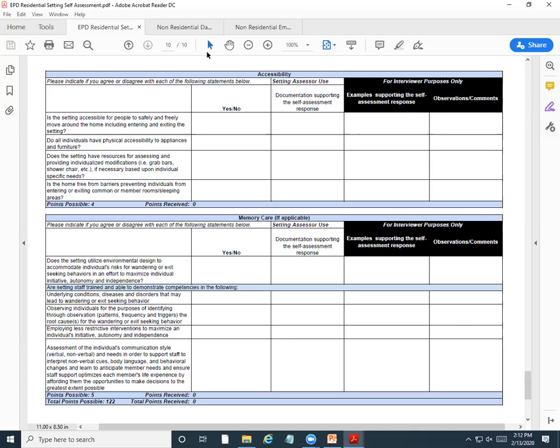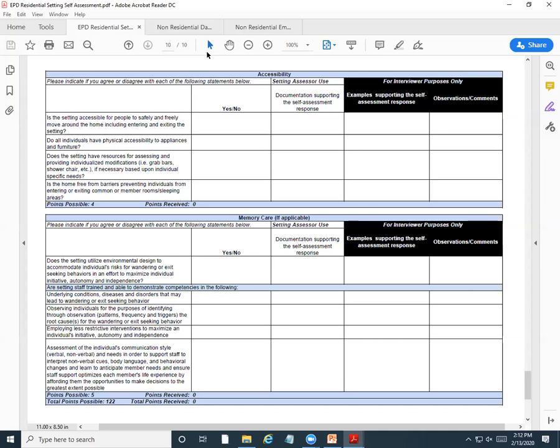Maybe it's a door with a window so that people can look outside. Just some of those unique, creative ways that, particularly for those people who have health and safety risks for wandering, still give them as much of a normative experience and being able to experience both inside and outside. So we're really looking for some creativity there, or maybe some ropes and things to help guide people where the appropriate areas are versus gates and things of that nature.